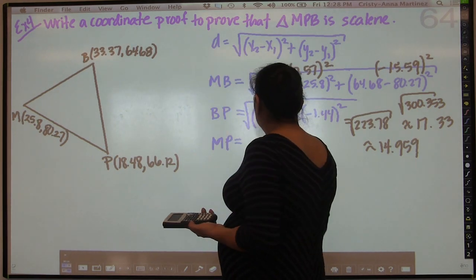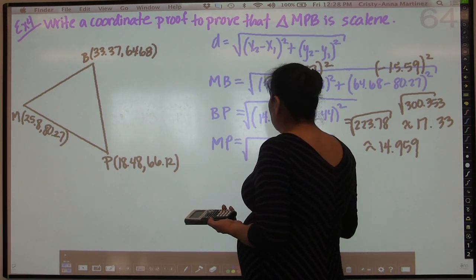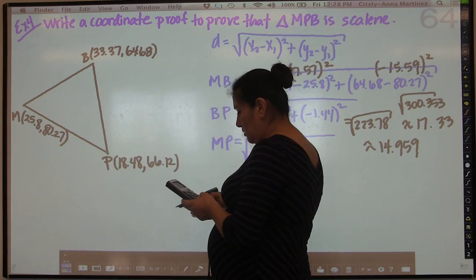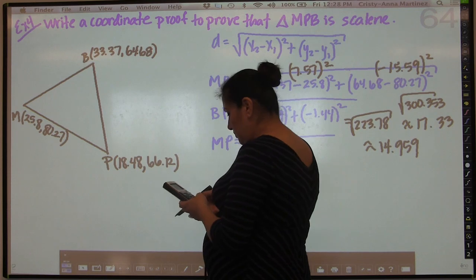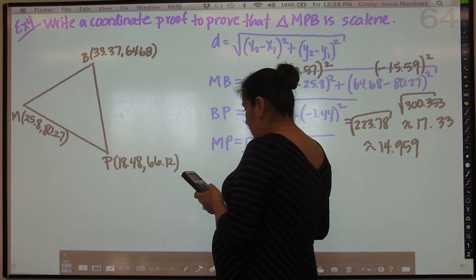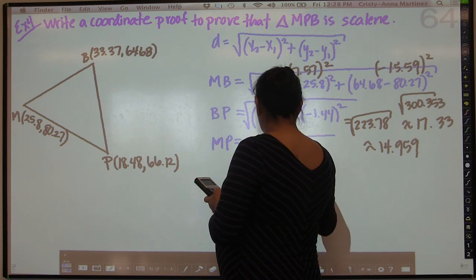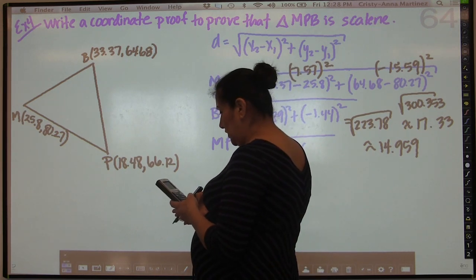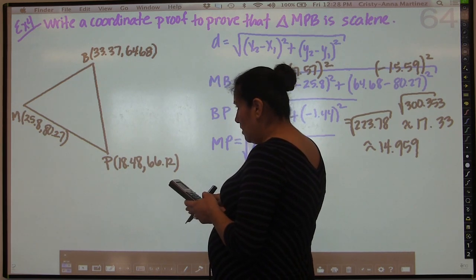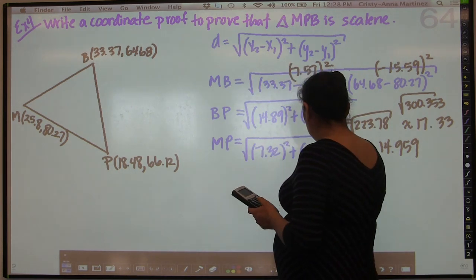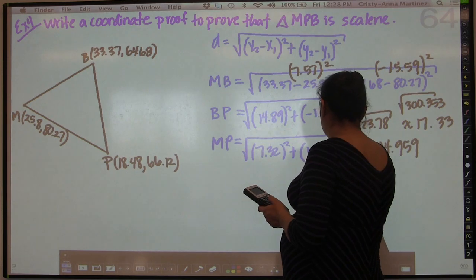So here we go. Let's do this little guy. It's our last one here. And now we're going to use M and P. So I'm going to go 25.8 and subtract 18.48. And that'll give me 7.32 squared. And then we need 80.27 minus 66.12, and that'll be 14.15 squared.